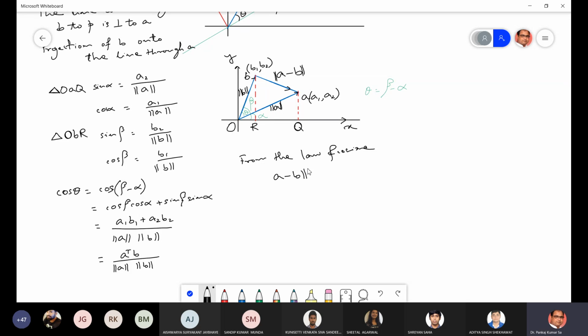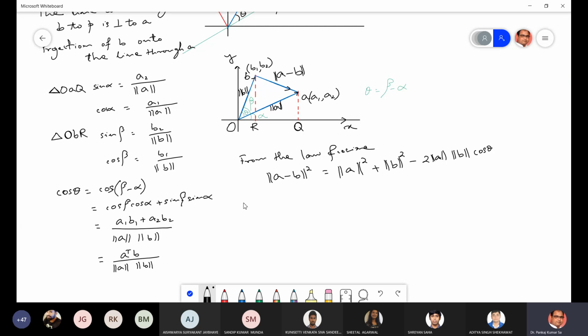A minus B, length squared, is equal to A squared plus B squared minus 2 A B cos theta. What is A minus B squared?